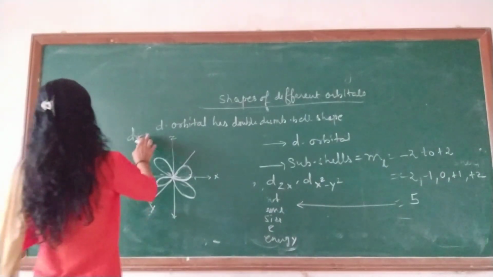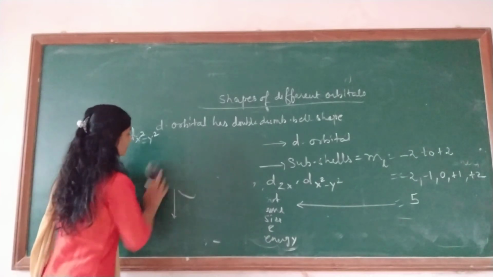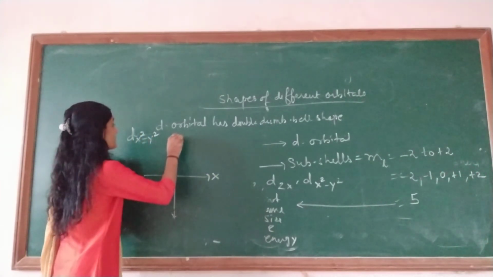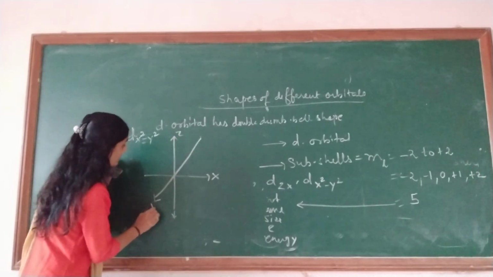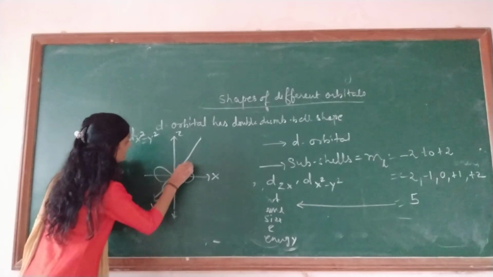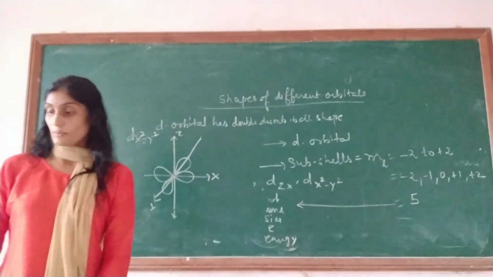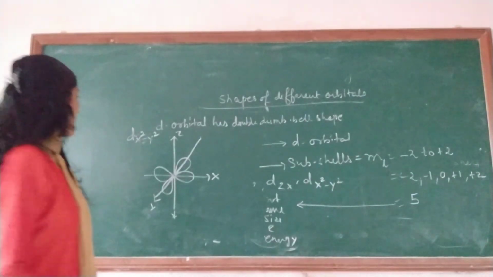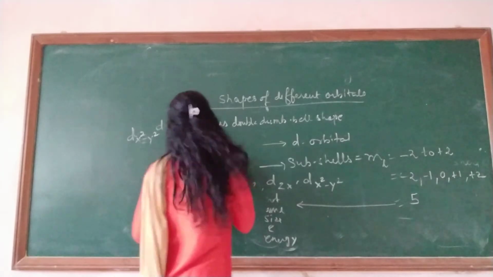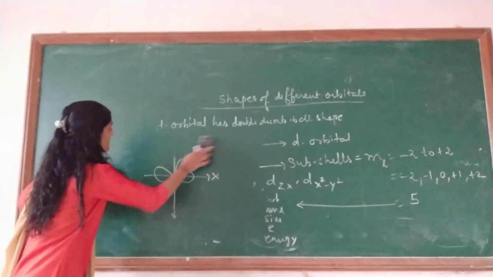Now dx square minus y square. So here we have x, here we have z, here we have y. So that is x square minus y square. This is the fourth one which we have to learn about. And when we talk about dz square, children, if I have just completed this, then I am just drawing because we don't have space.